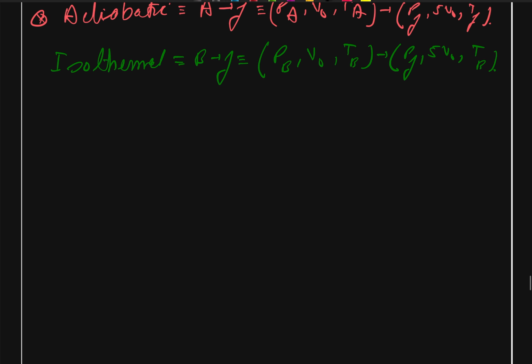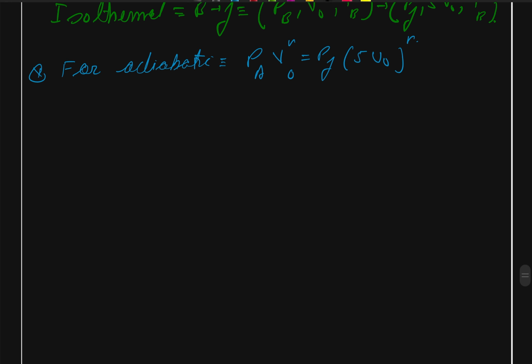So we can say for adiabatic, we can write that our, sorry, for adiabatic is PA V naught raised to power gamma is equal to PF 5 times V naught raised to power gamma.